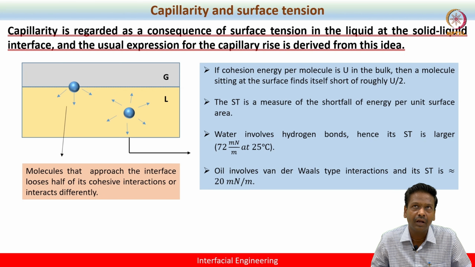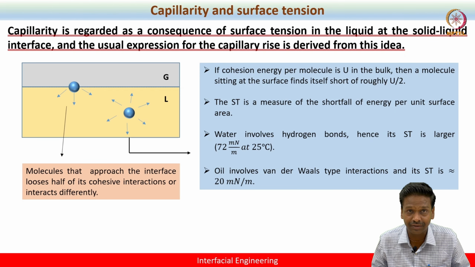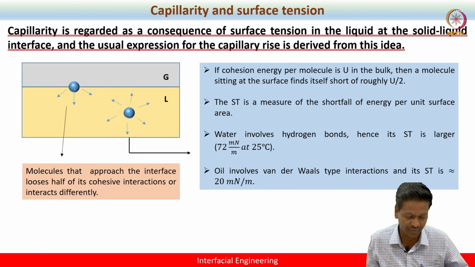It is due to the manifestation of forces of cohesion, adhesion and surface tension. Surface tension and capillarity go hand in hand because capillarity is regarded as a consequence of surface tension.